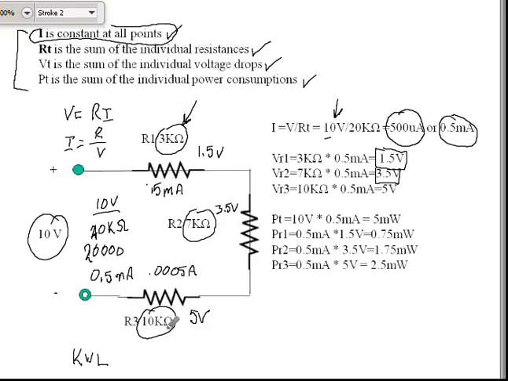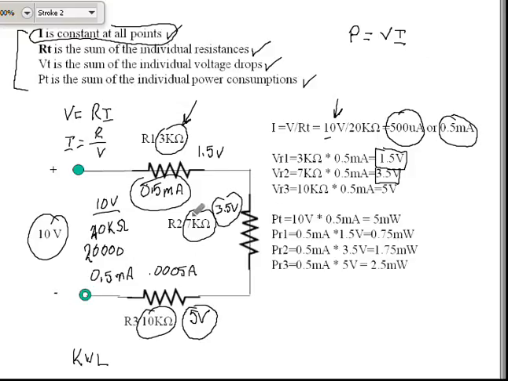Now power. Because we have an individual voltage drop at each resistor with a stable current, each one of these resistors is going to dissipate a specific amount of power individually. So applying the power formula, power equals voltage times current.